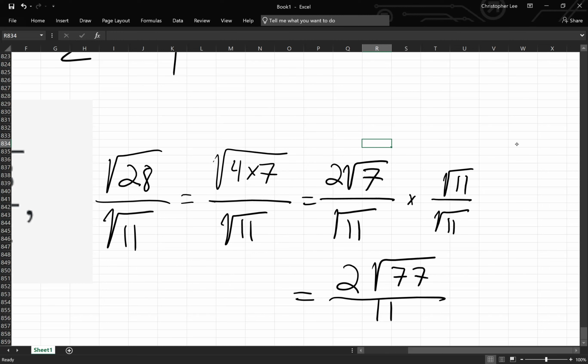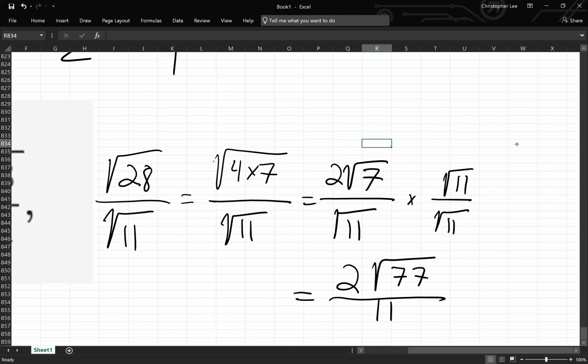Seven times 11. The square root of 7 times the square root of 11. They're irrational numbers, like decimals and stuff. Don't need to worry about that. Just stay there.